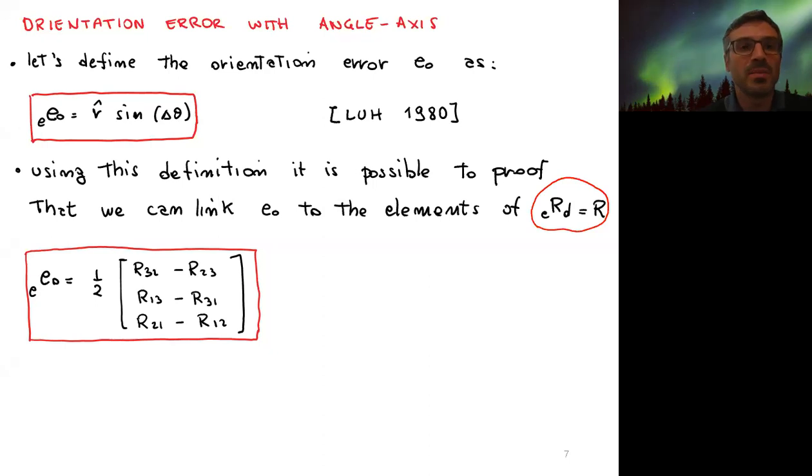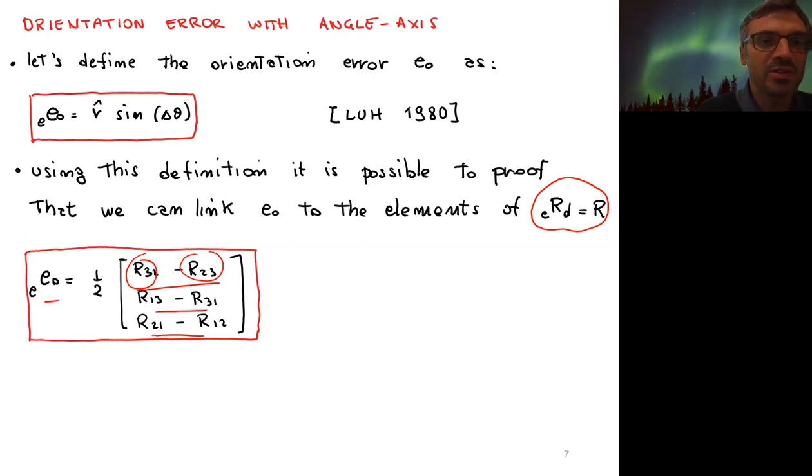So it's quite simple. You first compute the relative orientation matrix, and then from the elements of the rotation matrix, you can get the 3 components x, y, and z of the orientation error. Note that the orientation error is expressed in what? In the reference frame, that in this case is the end-effector frame.